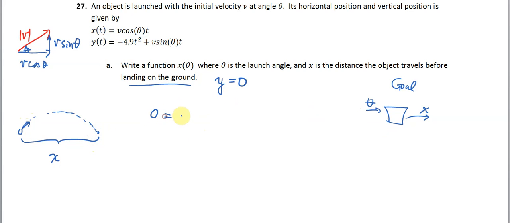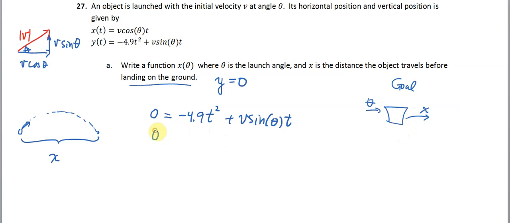So we set 0 equal to our equation, negative 4.9 t squared plus v sine theta times t. And we're solving for t, so that we can substitute it in here for x. Notice the function that we're looking for has an input of theta and an output of x, and we don't care what time is, at least not in this particular problem.